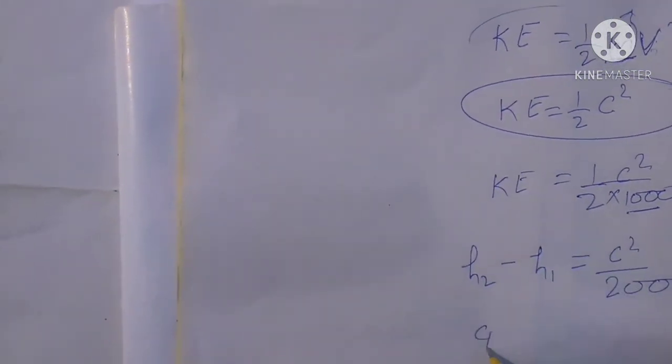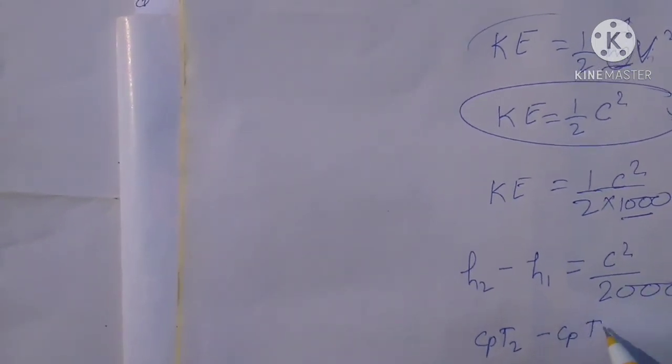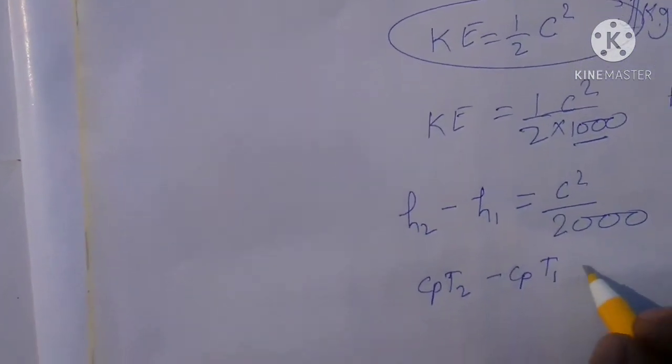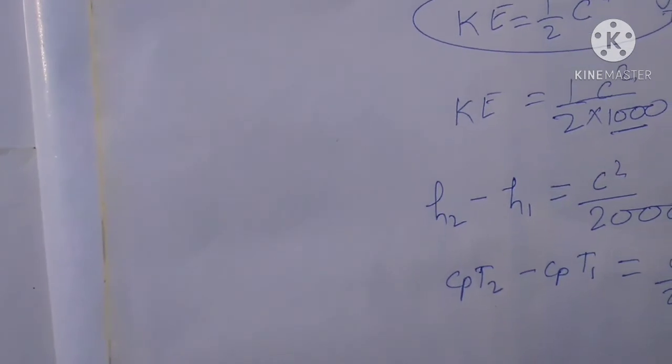If you take Cp T2 minus Cp T1, with m taken as 1 kg, it equals c squared divided by 2000.